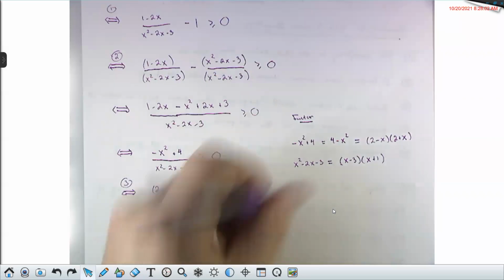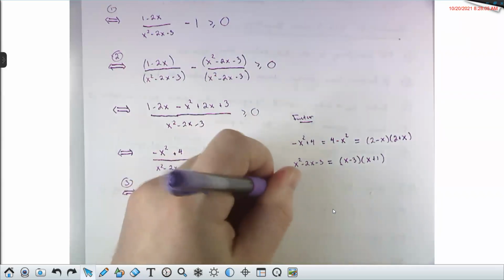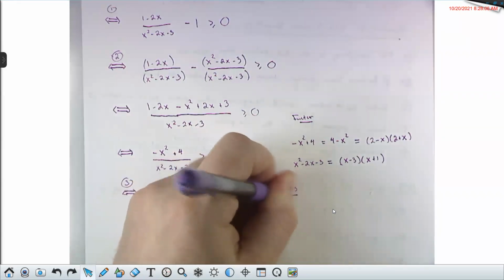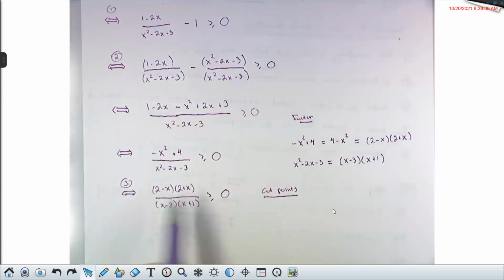My cut points are any number where any of these factors is 0, right? What they really are are the x-intercepts and vertical asymptotes. We saw over the last few classes that the places where a rational function can change sign are where it crosses the x-axis or as you go over a vertical asymptote.